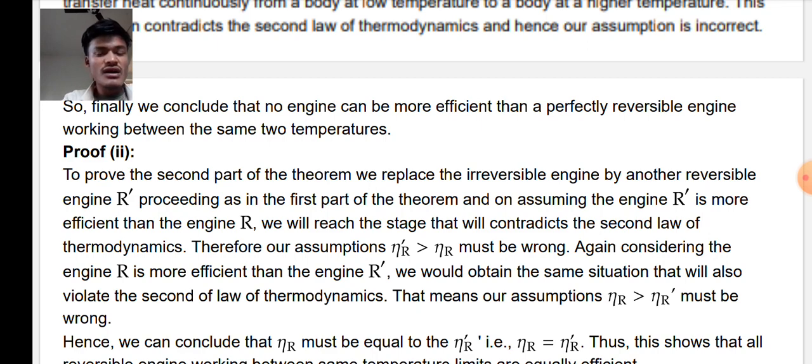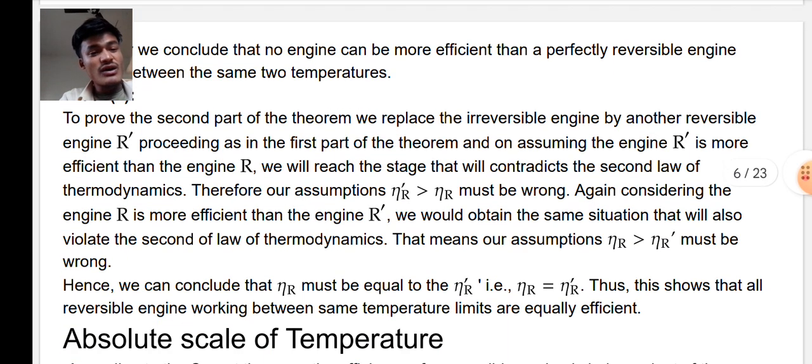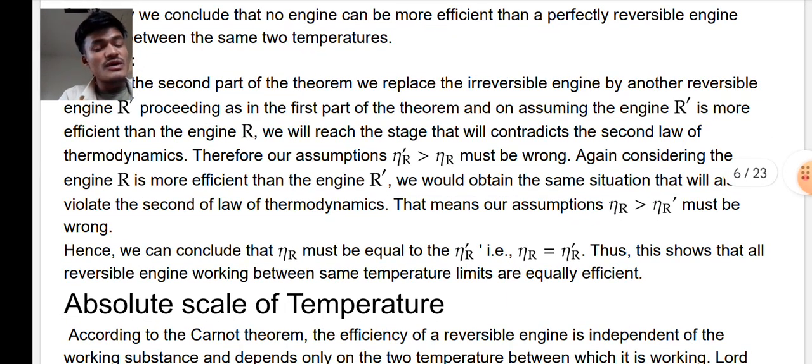Again, considering the engine R is more efficient than the engine R dash, we would obtain the same situation that will also violate the second law of thermodynamics. That means our assumption eta R is greater than eta R dash must be wrong. Hence, we conclude that eta R must be equal to eta R dash. Thus, this shows that all reversible engines working between the same temperature limits are equally efficient.